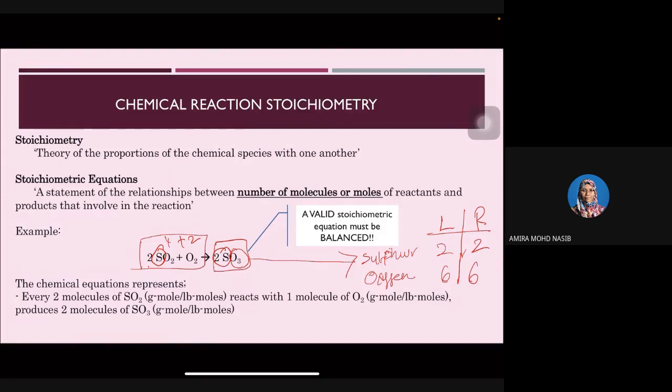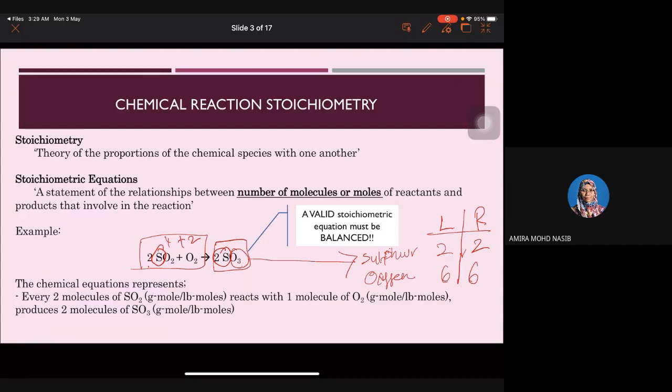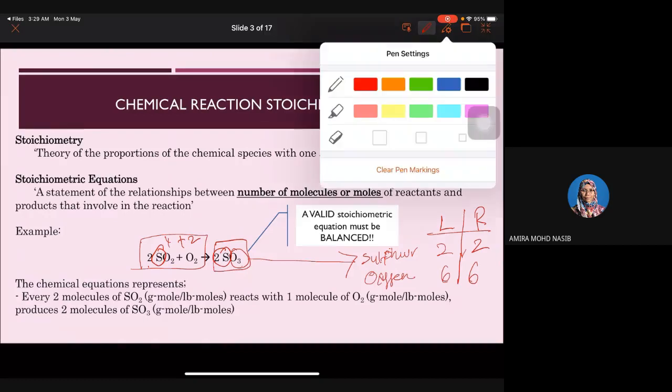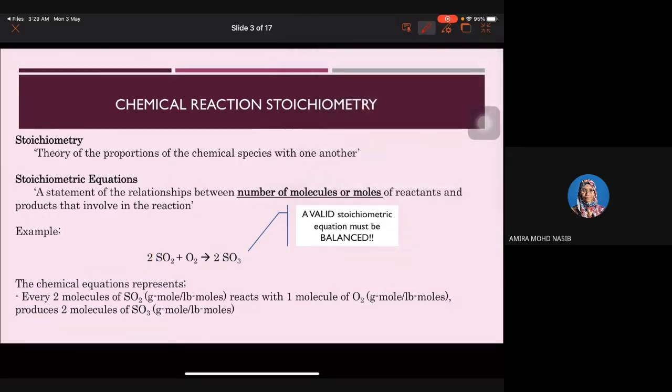All right, next. Once the chemical equation is balanced, then you can read the stoichiometric equation. So how to read this actually?